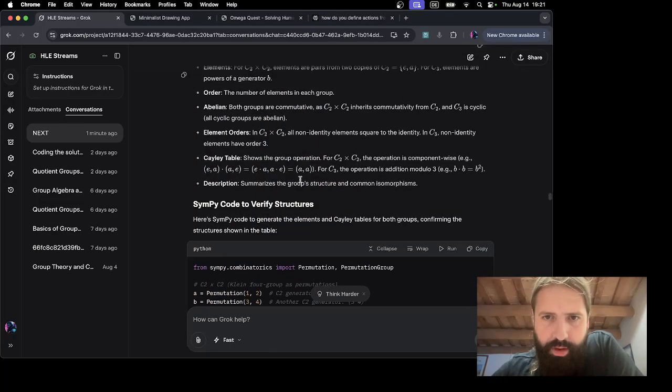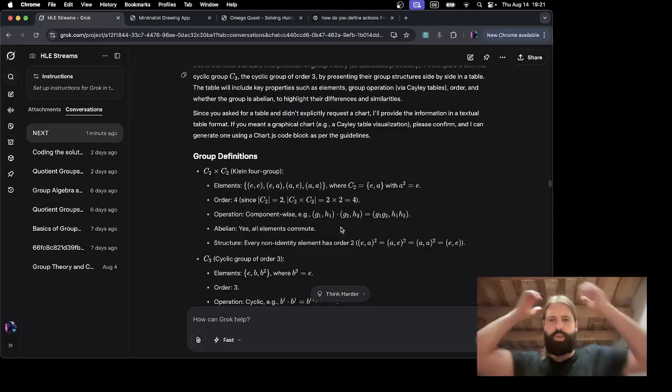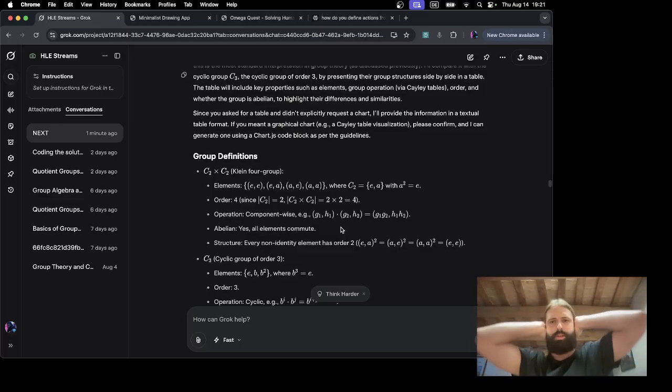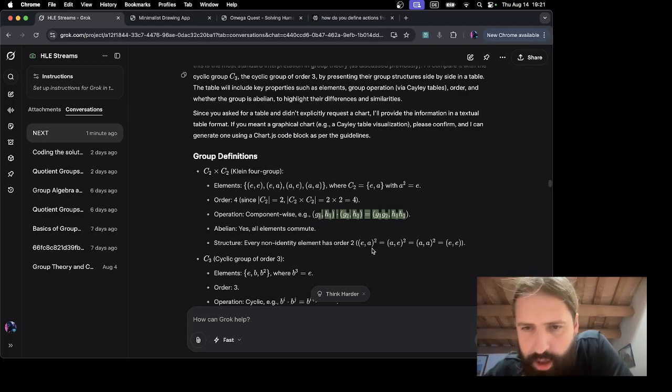That's wrong, right? Okay, wait a second, let's go back to the definition. The operation is component-wise, so G1 is GG and HH. But if so, EA squared, okay. Why is EA squared the same as AE squared?